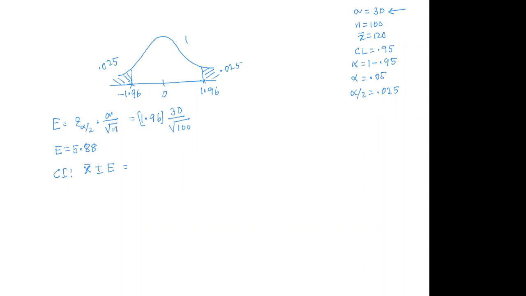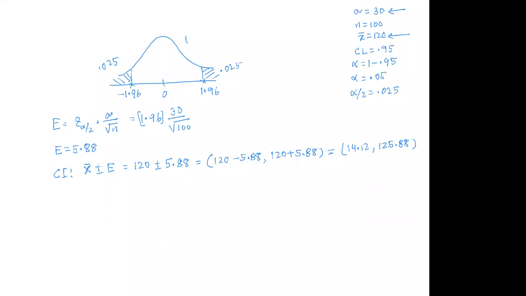X bar is 120, so 120 plus or minus 5.88, which is 120 minus 5.88, comma, 120 plus 5.88. 120 minus 5.88 is, what is it? 14.12, I guess. 14.12, comma, 125.88. So that's the confidence interval we are talking about.